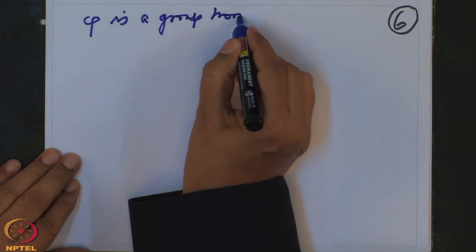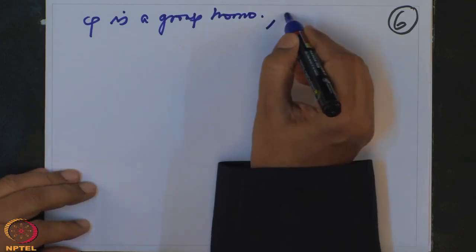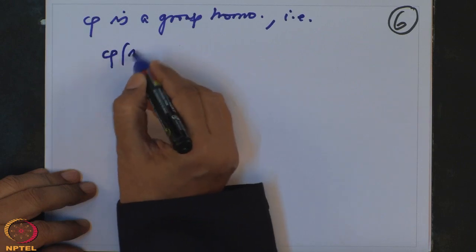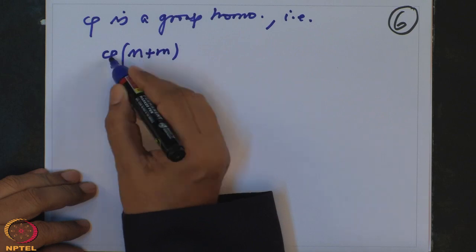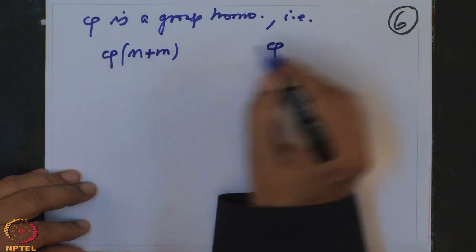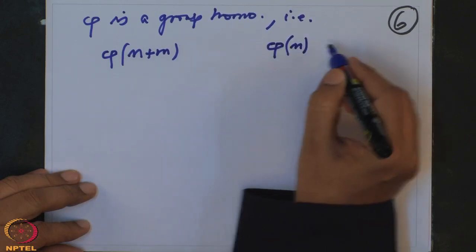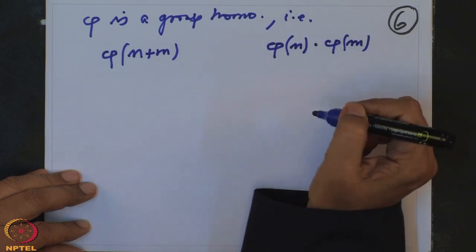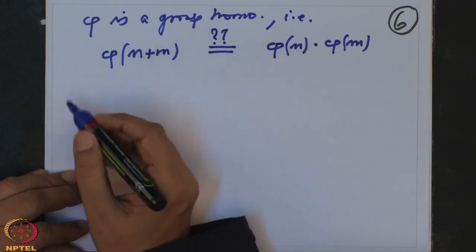To check that, what do we have to check? That phi respects the operations. That means we need to check the equality: phi of n plus m, where you take two integers, add them, and then take the image under phi. On the other hand, you take the image of n under phi and the image of m under phi, and multiply them in the group G, and check whether the result is the same or not. That is where one checks it is a group homomorphism.